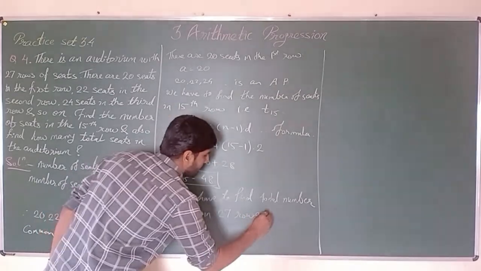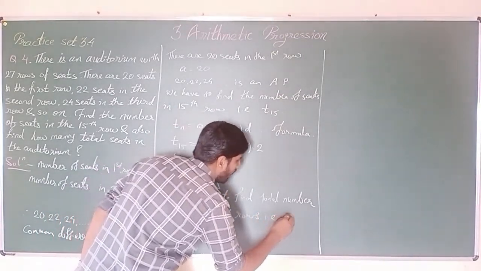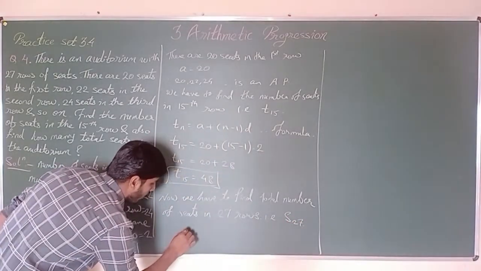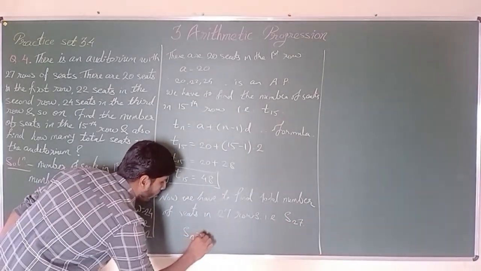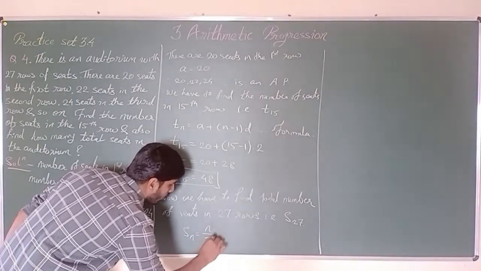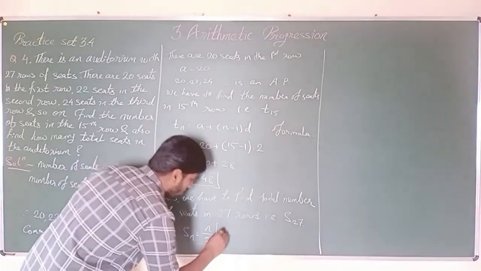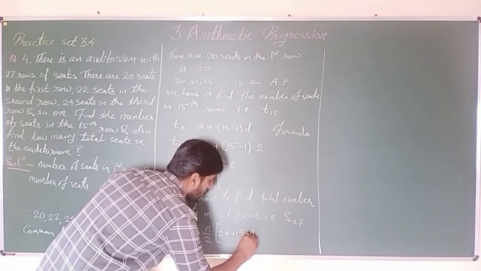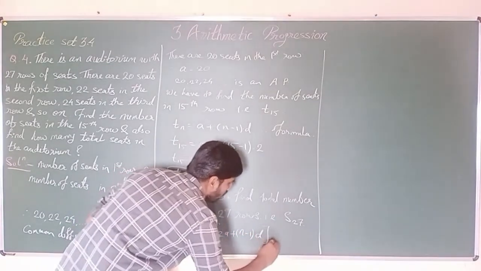That is, we have to find S27. So Sn is equal to n upon 2 into twice of a plus n minus 1 into d is the formula.